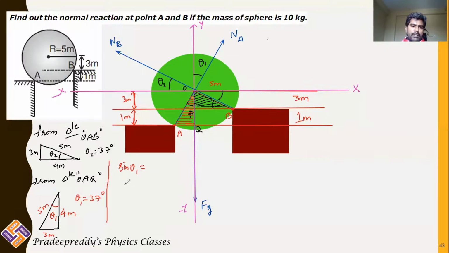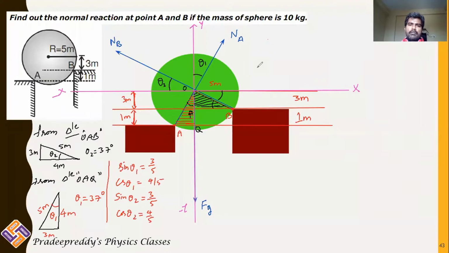Cos theta 1 is equal to 4 by 5. Likewise, sine theta 2 is also equal to 3 by 5. Cos theta 2 is also equal to 4 by 5. Because both the angles, theta 1 and theta 2, we have got it as 37 degrees. So these are the values which you can use.